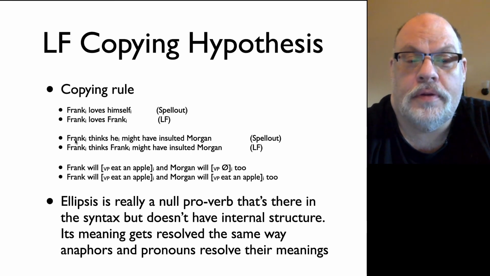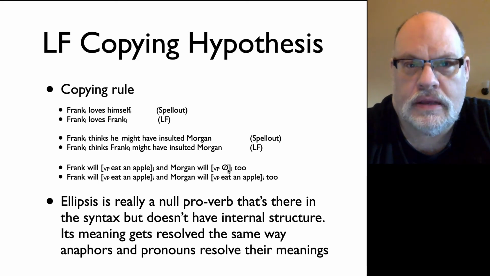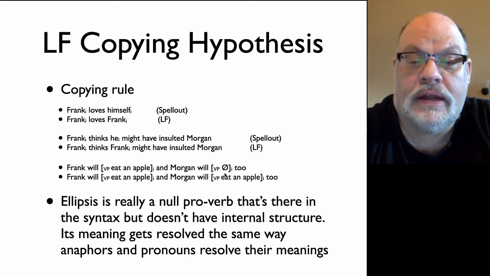Then we can extend our copying process. Our copying process that replaces pronouns with the thing they are co-indexed with also happens here. So this null proverb gets replaced by eat an apple because it's co-indexed with eat an apple. And this gives us our recovered meaning: Frank will eat an apple and Morgan will eat an apple too.